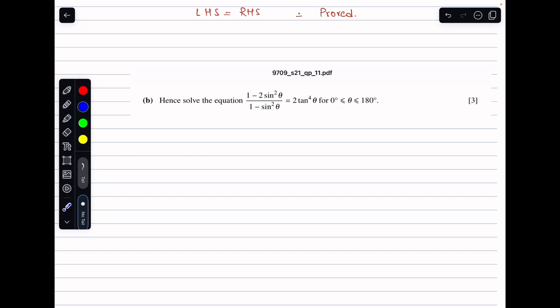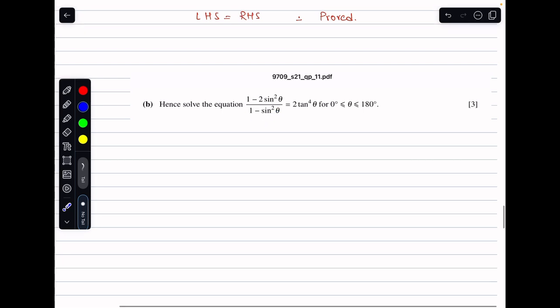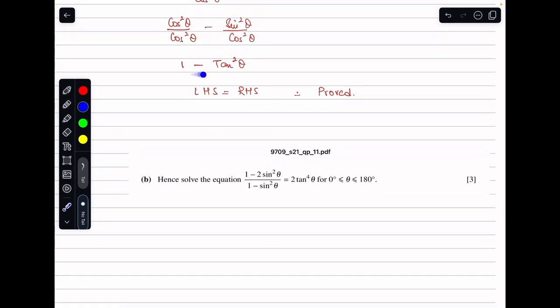So here again I can see it's a sine square on the left side and a tan to the power 4 on the right side, and we know that we have to have the equation at least in one trigonometric form to solve the equation. So in part B, hence means you have to use the result from part A. We proved that 1 minus 2 sine square theta over 1 minus sine square theta is equal to 1 minus tan square theta.